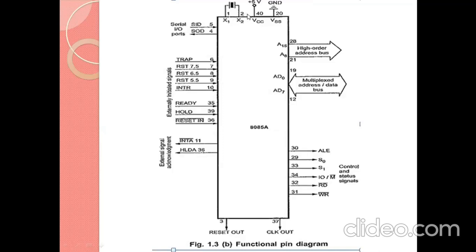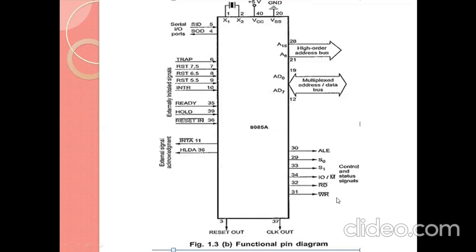Pins 1, 20, 40 and 20, these 4 pins are used for clock signal and power supply. Pin numbers 12 to 19 and 21 to 28 are used for the address bus and data bus. And 31, 32, 34, 33, 29 and 30 are used for control and status signals.